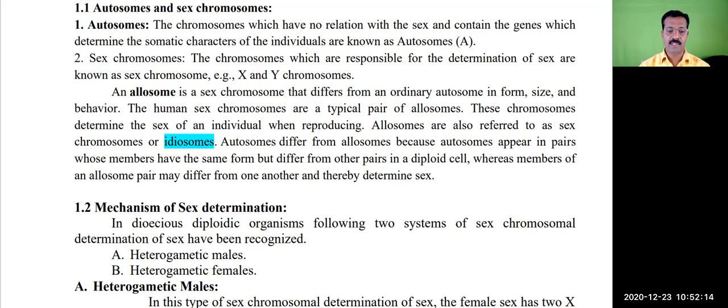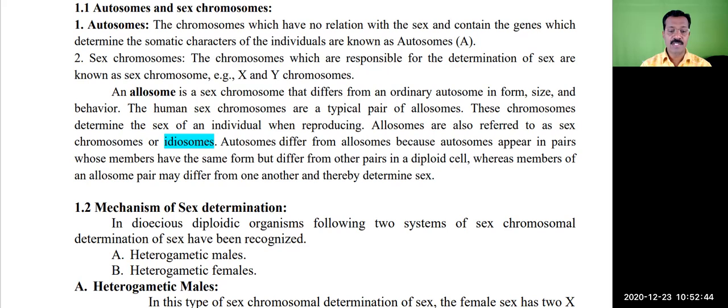So whatever the body characters, they are controlled and governed by these autosomes. And sex chromosomes are the chromosomes responsible for sex determination, and that's why they are called sex chromosomes, or X and Y chromosomes.